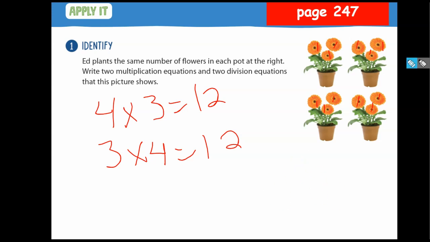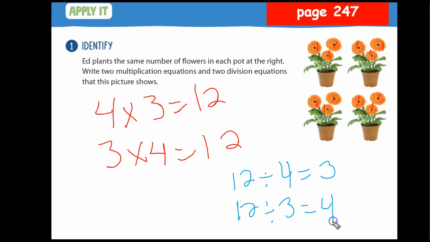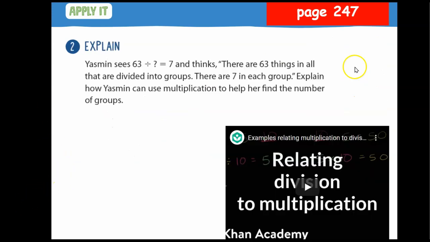So what's the total number of flowers? 12. Divided by, well, let's do 4 then. 12 divided by 4 is? 3. And what would be my other equation? 12 divided by 3 equals 4. Okay? Excellent.